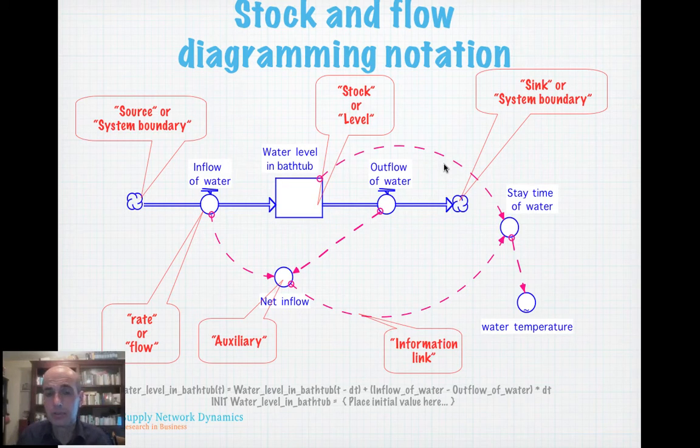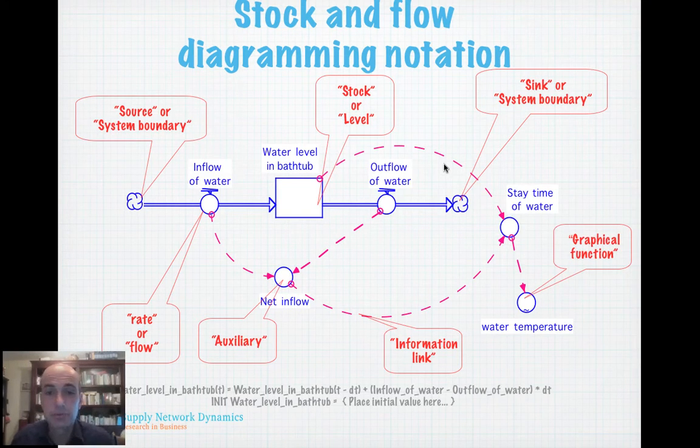And these variables are linked to the rates by an information link. So there's not really water flowing from left or right, but information about how much water is flowing is transported from the other side. So that's an information link. The water isn't depleted through this information link, but the information about what's happening is transmitted.